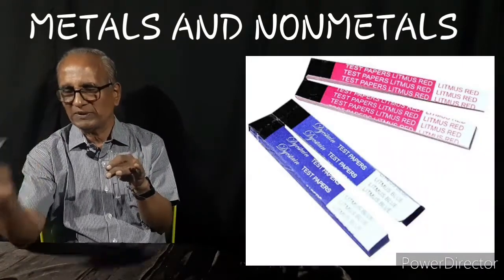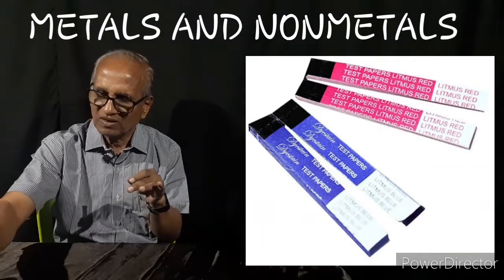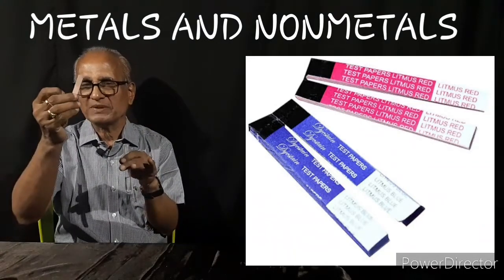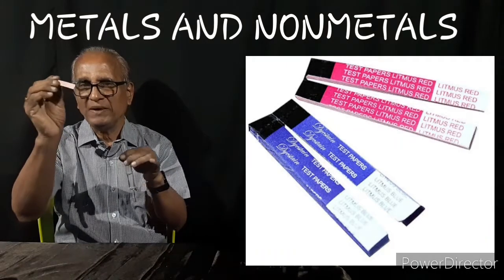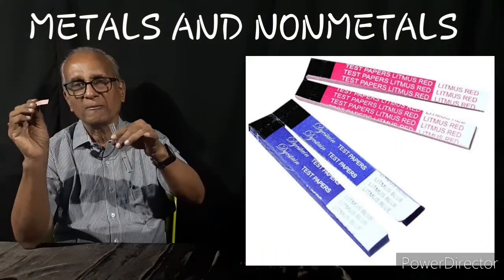Now this is blue litmus paper. This is red litmus paper. Let me introduce red litmus paper here.